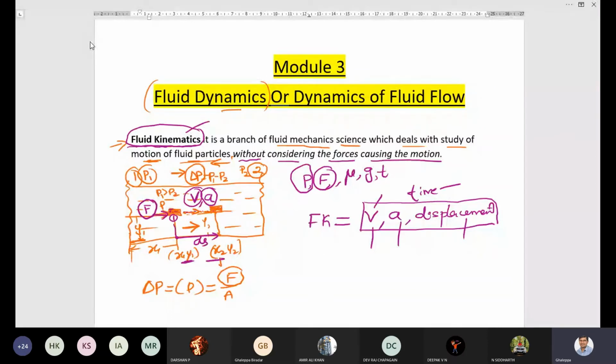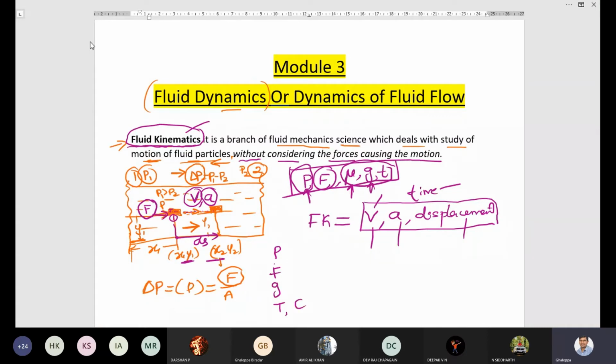Understood? All these properties will be studied in fluid dynamics: how much force is applied on the fluid, what the pressure is, the viscosity, the gravitational force. Besides these, turbulence, compressibility, and viscous force are there.